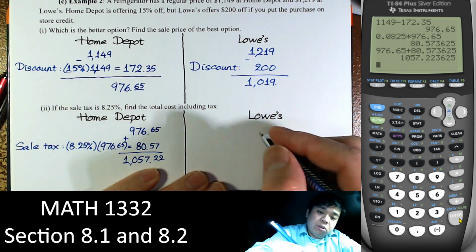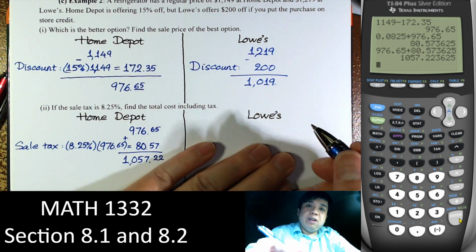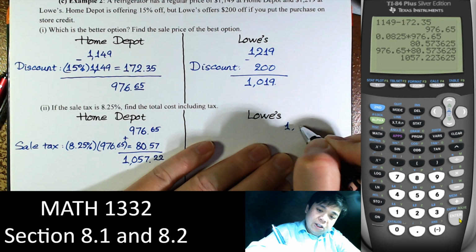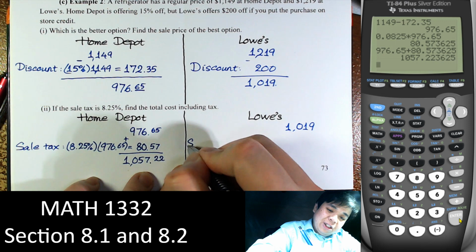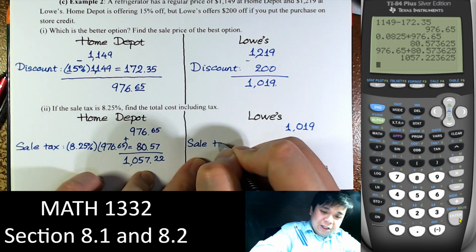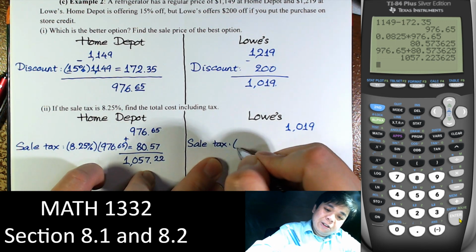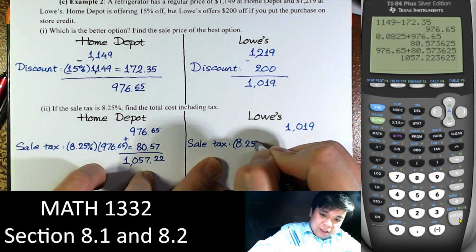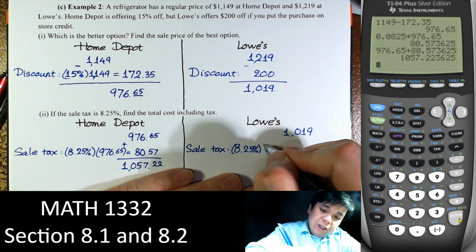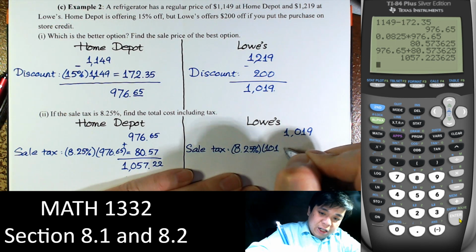And at Lowe's we have 1,019, and then the sales tax, 8.25% of 1,019.